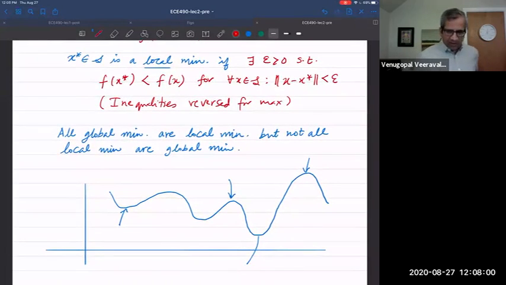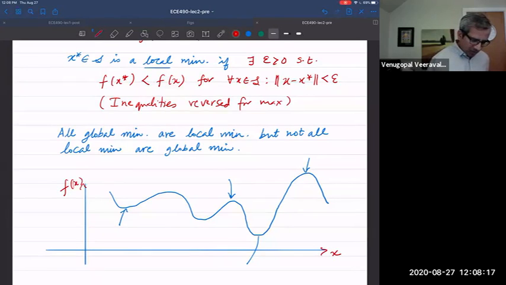All right, here's a simple 1D picture. In this picture, the y-axis is my function, the x-axis is just x, and here's a local minimum. Here's a local maximum, and this is a global minimum.